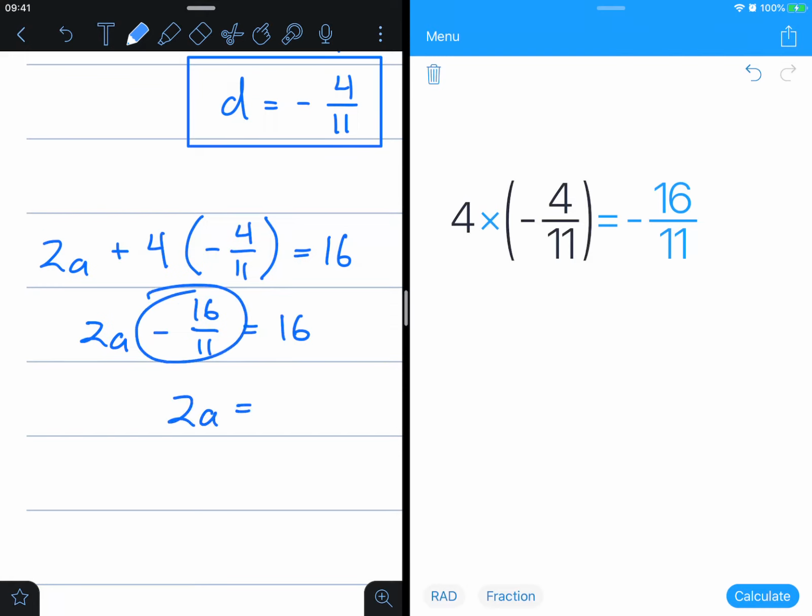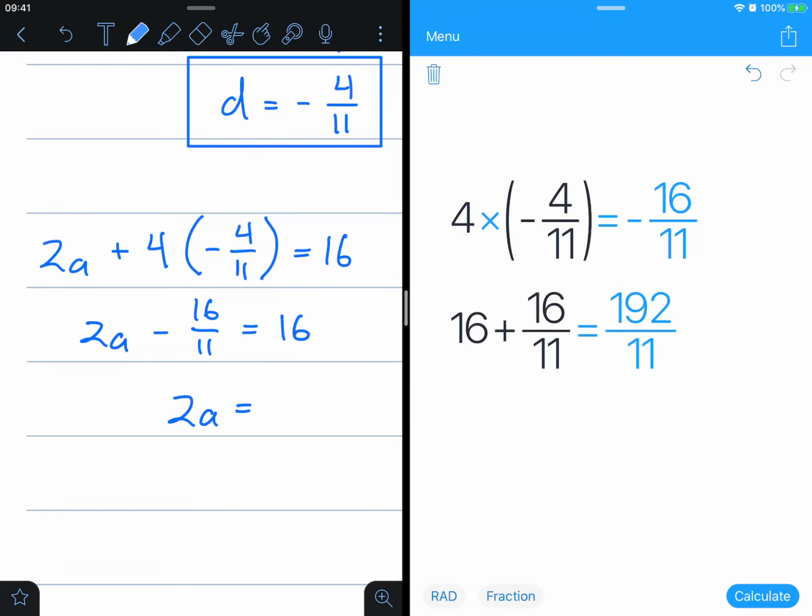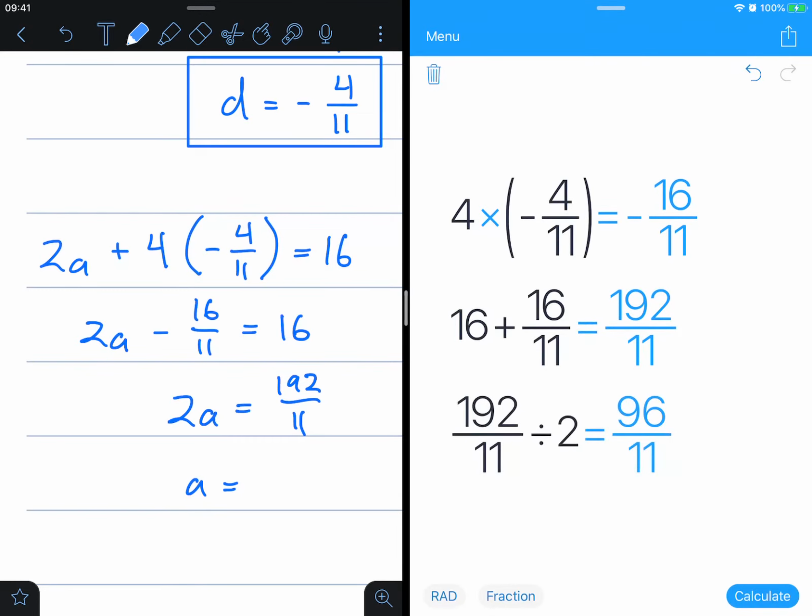Moving this fraction to the other side, so 16 plus 16 on 11, we get 192 on 11, which means a, if we divide this by 2, gives us 96 over 11. And that's the other expression that we need.